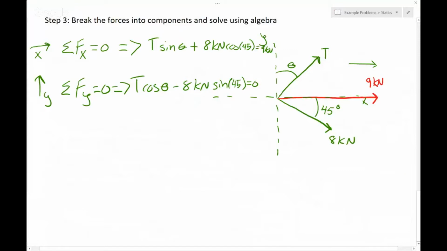So once we have these two equations here, we can basically just use algebra to solve the rest of the problem.